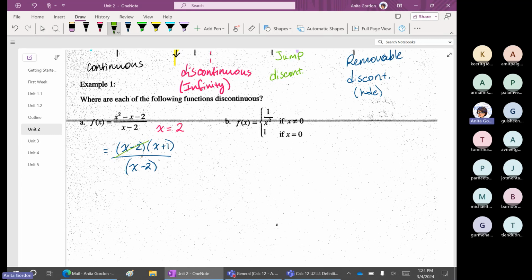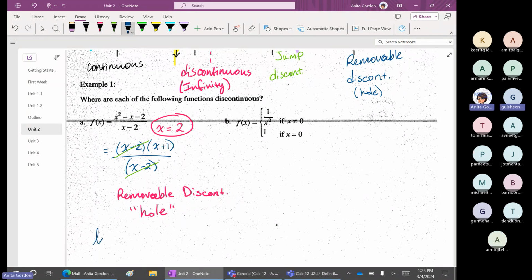Because I have a common factor here, this is going to be a removable discontinuity. Technically I can factor it out, but the fact that I can factor it out tells me I have a hole.